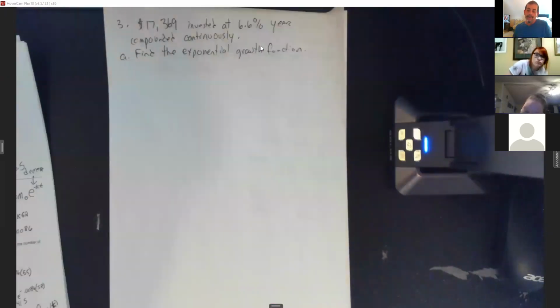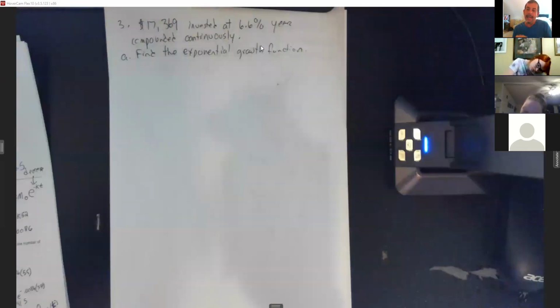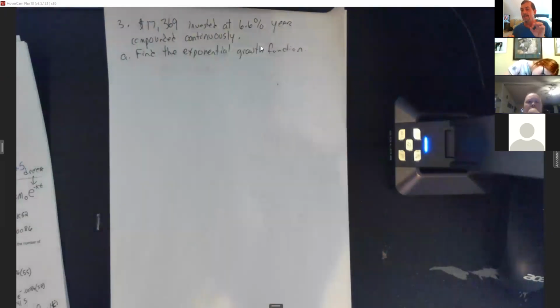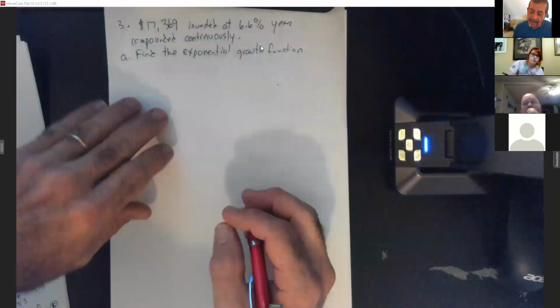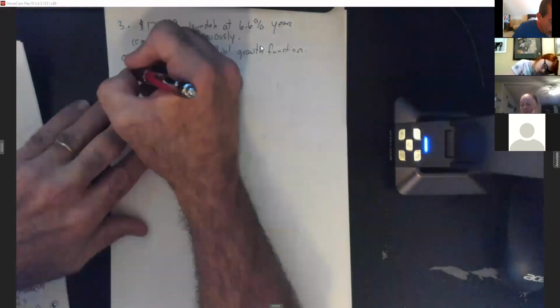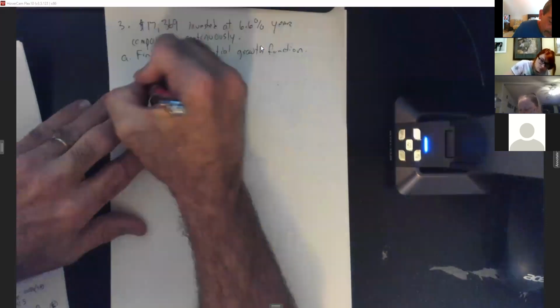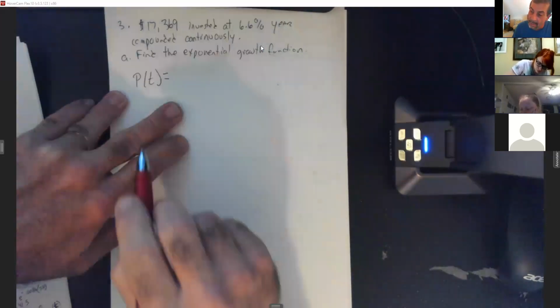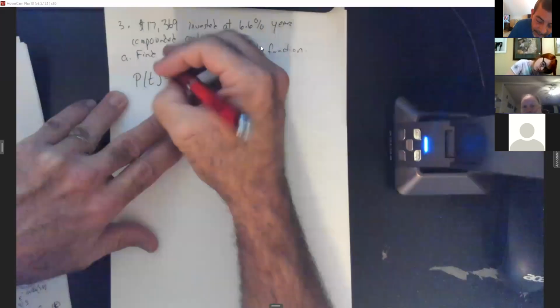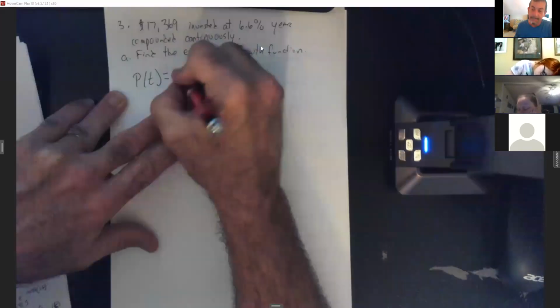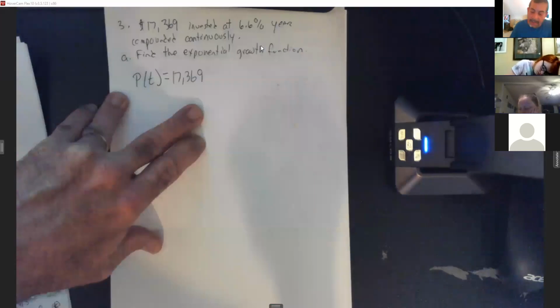So remember, continuous compounding, use these formulas. If it's semi-annual, quarterly, stuff like that, then we use those equations with the 1 plus r divided by n stuff from the other day. All right, let's see. P of t is going to equal my initial amount, which was the 17,369, e to the k.